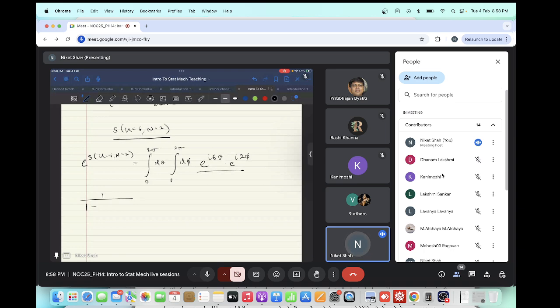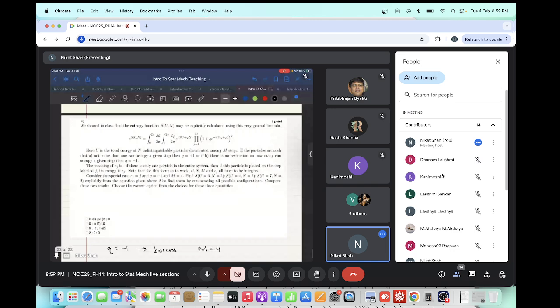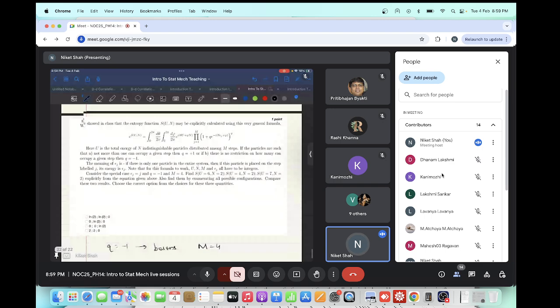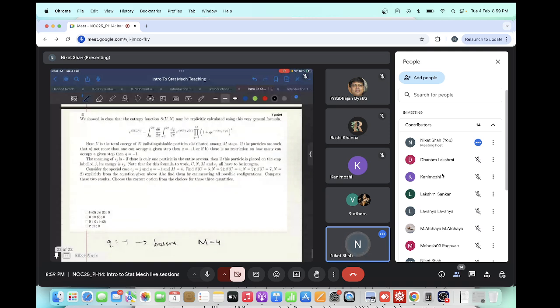Epsilon j is just j, which is 1 for the first term. 1 divided by 1 minus e raised to power minus i theta, e raised to power minus i phi. Then 1 divided by 1 minus e raised to power minus 2 i theta, e raised to power minus i phi. 1 divided by 1 minus e raised to power minus 3 i theta, e raised to power minus i phi.